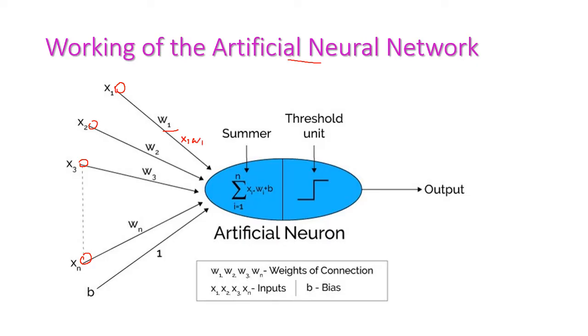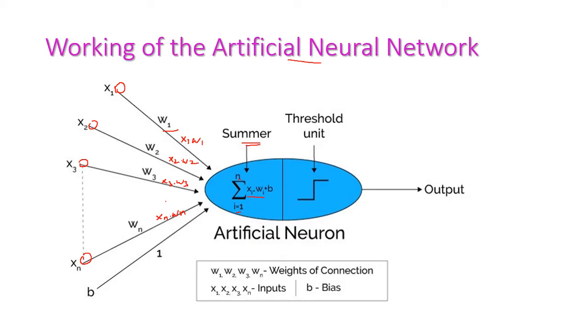Here x2 into w2, x3 into w3, and the same, xn into wn, okay. And all this data will be summed by using the summer unit, okay. Here summation of i equal to 1 to n, xi into wi.